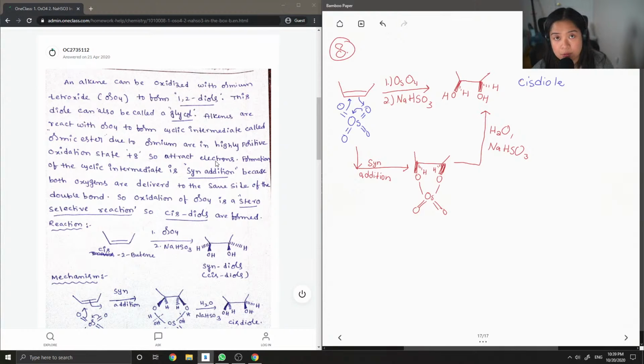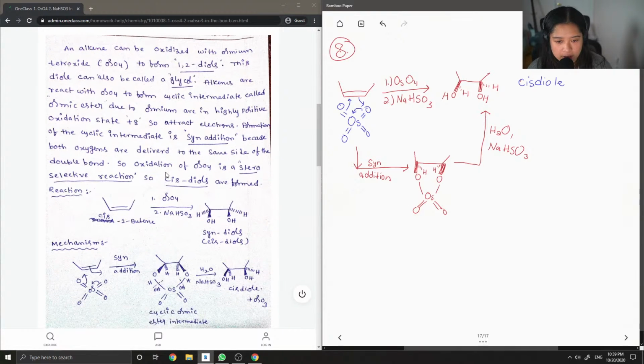So because the osmium is in a high oxidation state, that's what causes all those movements of electrons. And then the formation of the cyclic intermediate is syn addition because both oxygens are delivered to the same side of the double bond. So oxidation with osmium tetroxide is a stereoselective reaction, so cis-diols are formed.